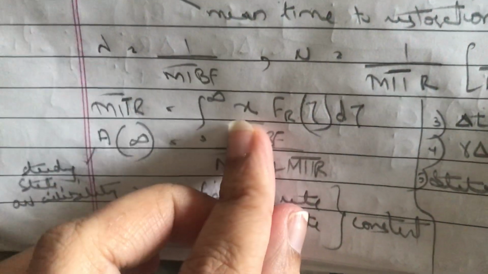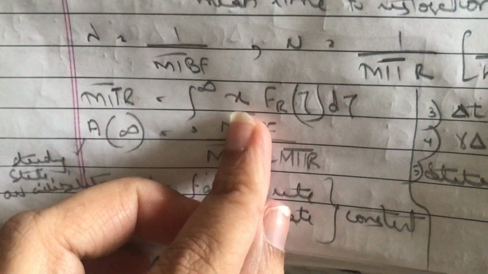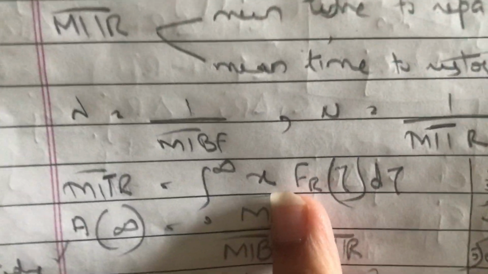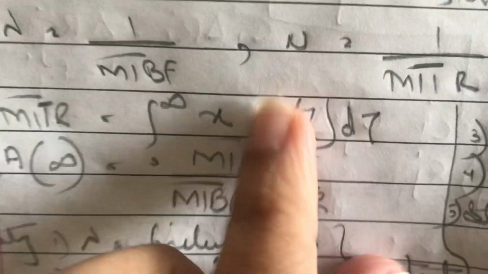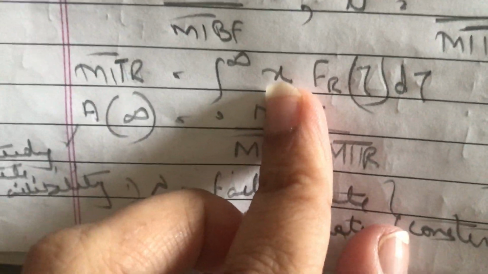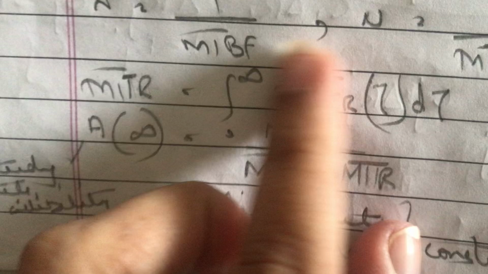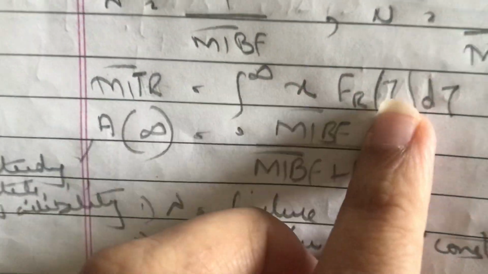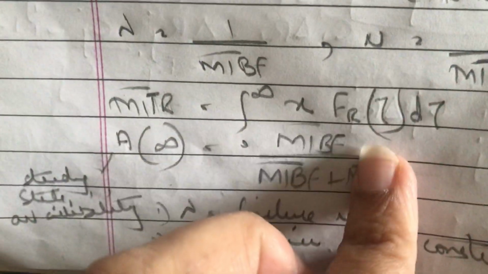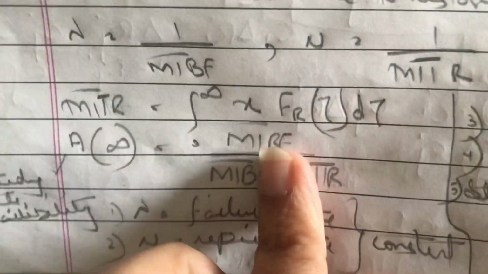What is this x? X is a random variable, it can be anything. And f is represented as the PDF, the probability density function. So f is the probability of repair, tau times d tau.